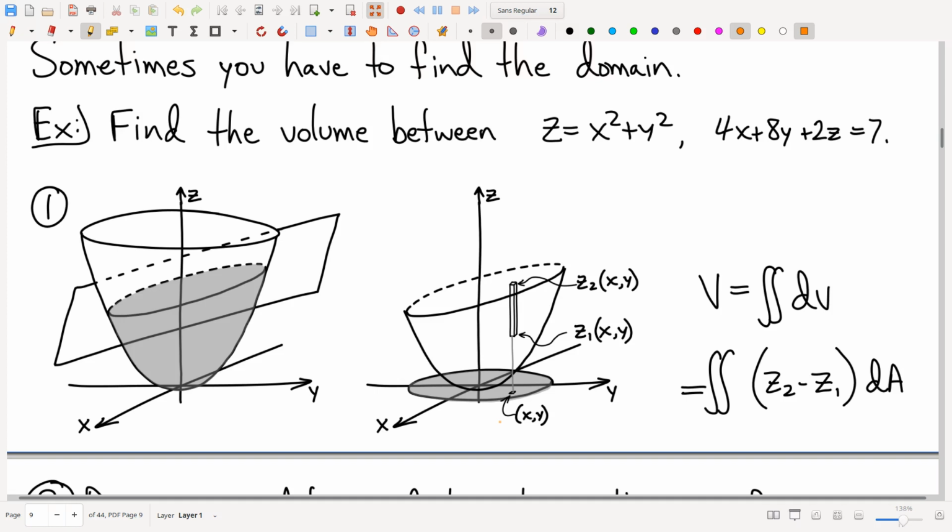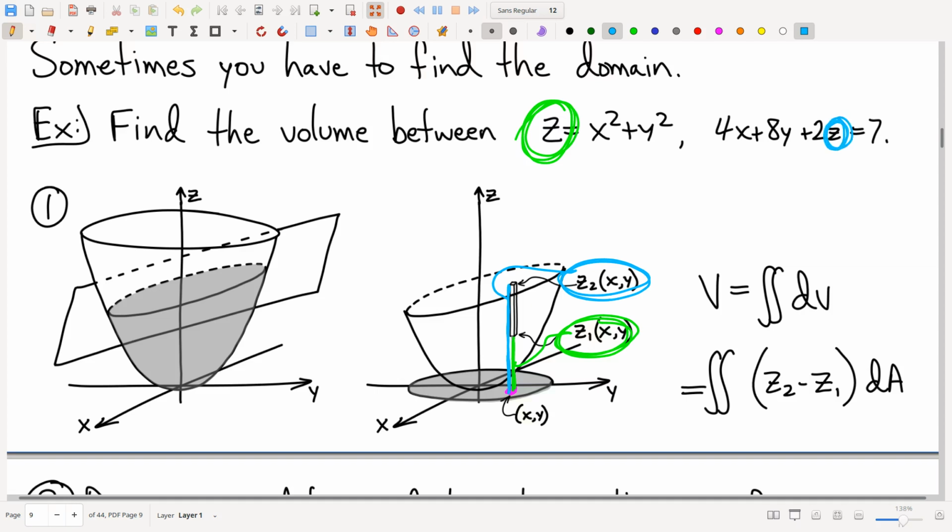The right approach is to say, look, we're trying to understand something about certain points down here in the XY plane. For any point down there in the XY plane, I can talk about the value of z that comes from the paraboloid, and I can also talk about the value of z that comes from the plane.